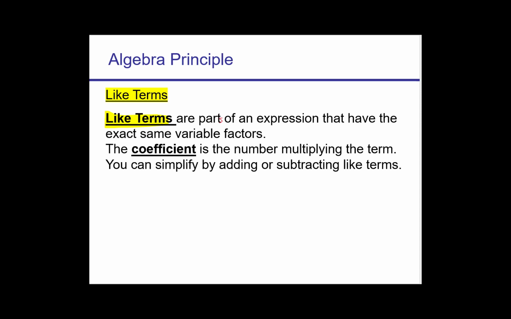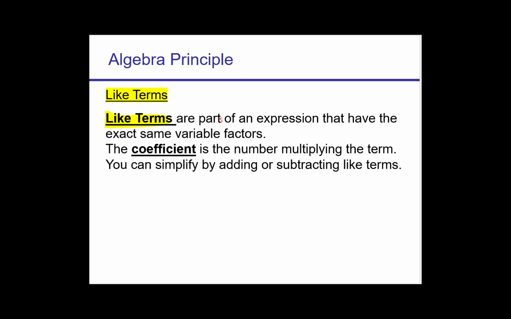Like terms are parts of an expression that have the exact same variables. The coefficient is a number. The coefficient is a number multiplying the term. You can simplify by adding and subtracting like terms.